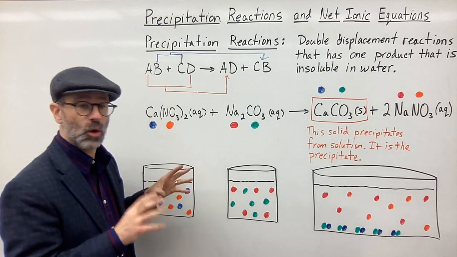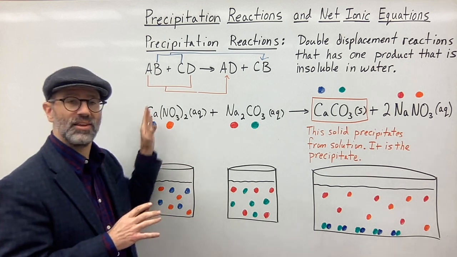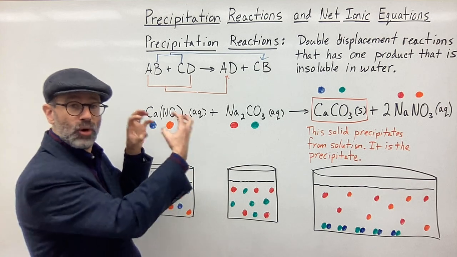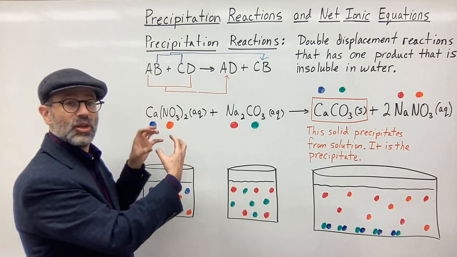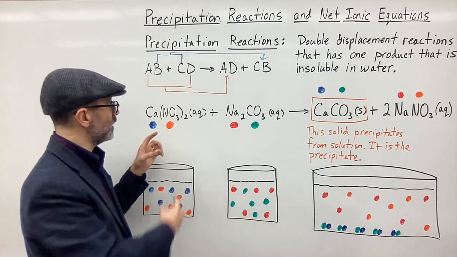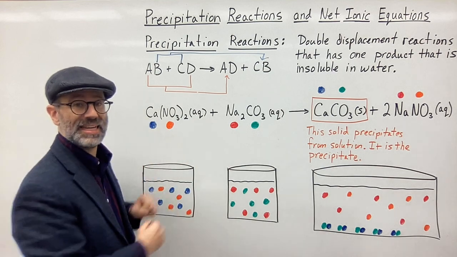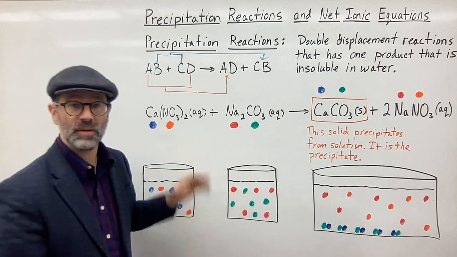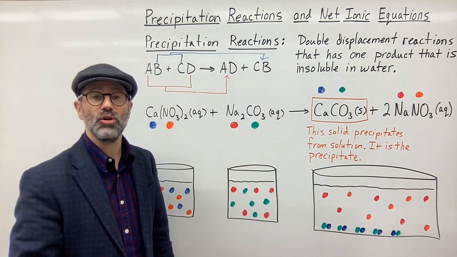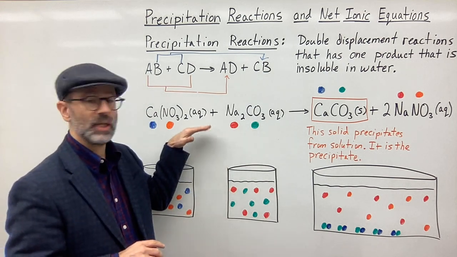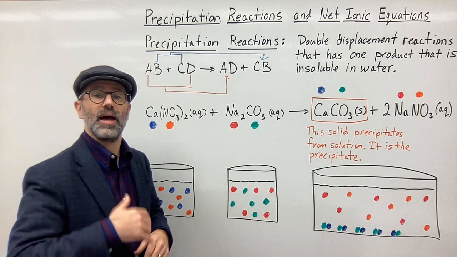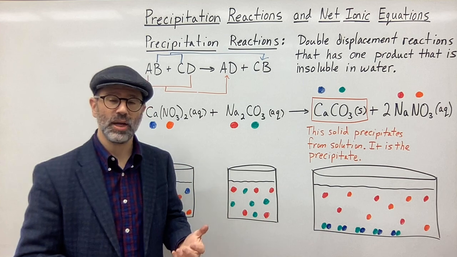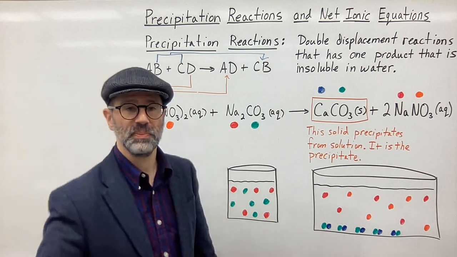Yes, it's kind of a misnomer in the sense that these are not molecules, but the idea is that we're putting them together and they're treated as one unit, even though really they're separated in solution. So this is called a molecular equation. And then what I'm going to show you is the difference between the molecular equation, the complete ionic equation, and the net ionic equation. So stay tuned.